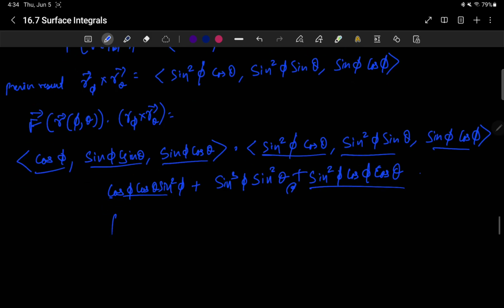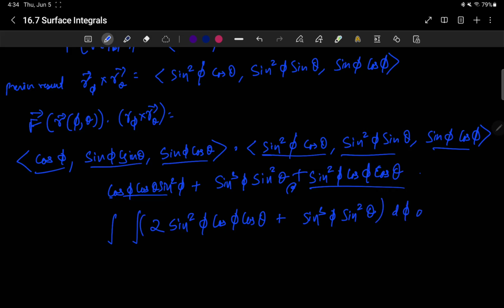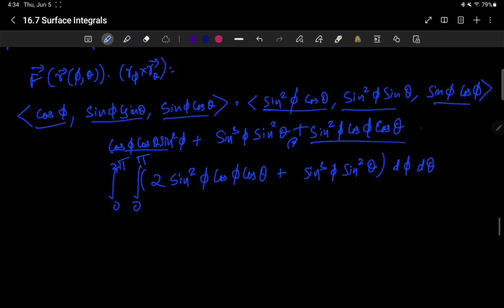So what we end up with is a double integral of 2 sine squared phi cosine phi cosine theta plus sine cubed phi sine squared theta d phi d theta, 0 to pi, 0 to 2 pi.